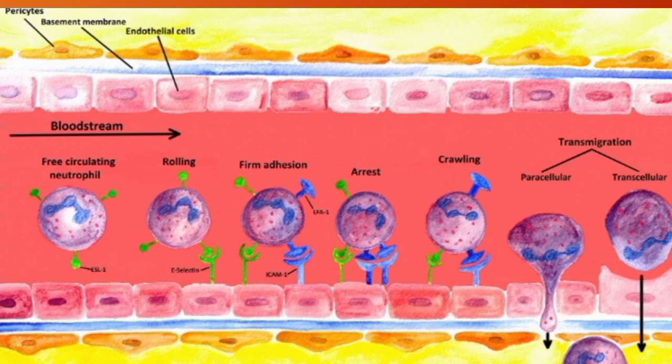This enables neutrophils to bind the endothelial surface. However, due to the velocity forces of the blood, cells cannot remain anchored at the surface of the endothelium. The cell rolls on the endothelial surface by constantly making and breaking contact with the endothelial surface.